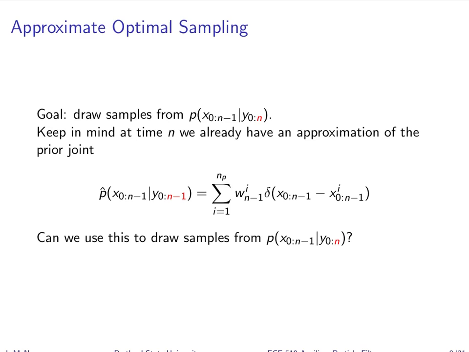The whole particle filter framework is the idea of representing the posterior as a weighted combination of impulses, and that's something we already have and can use. So now this problem looks a little more manageable, when we say we just have to figure out how to take into account that new measurement, yn. Is there a way in which we can leverage that new measurement to get a probability that we can actually draw from?